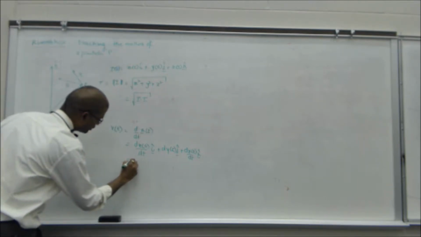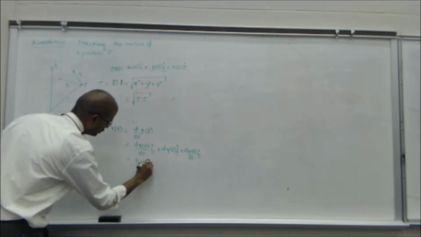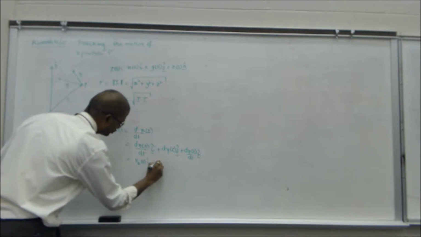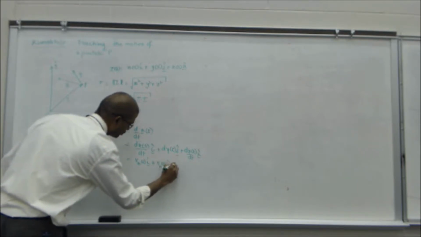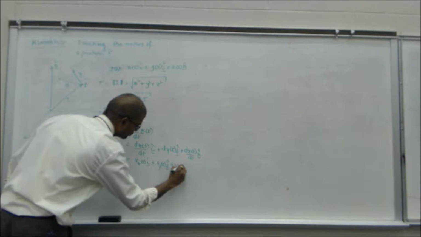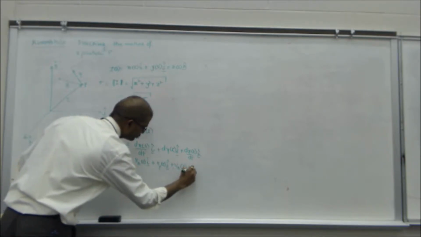And this is your Vx of t i plus Vy of t j plus Vz of t k.